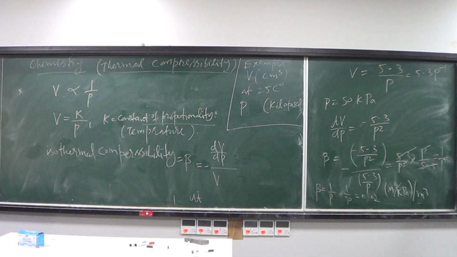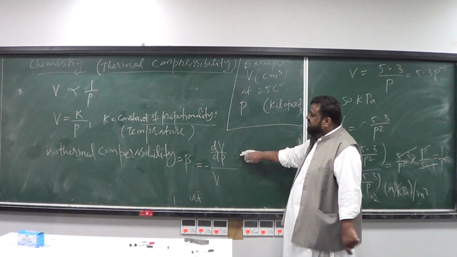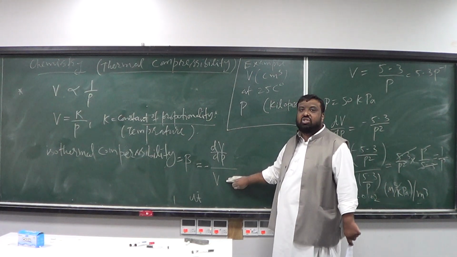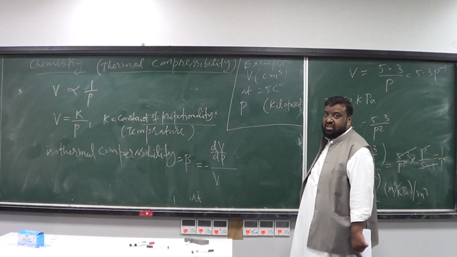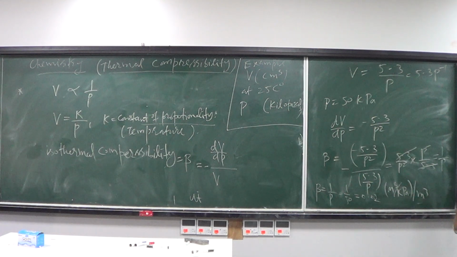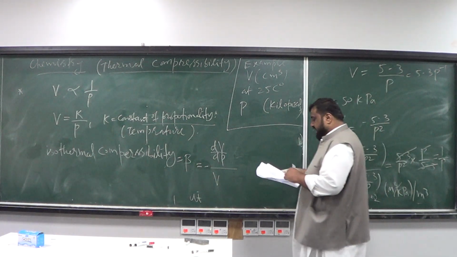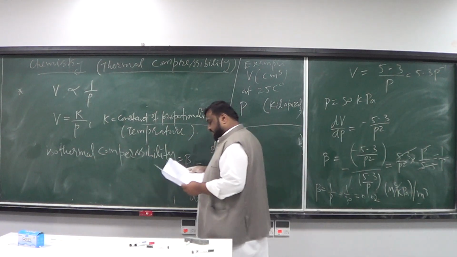So this is the rate at which the volume will decrease as compared to the original volume when the pressure is increasing, or when the pressure is 50 kilopascal. So this is one example for isothermal compressibility.